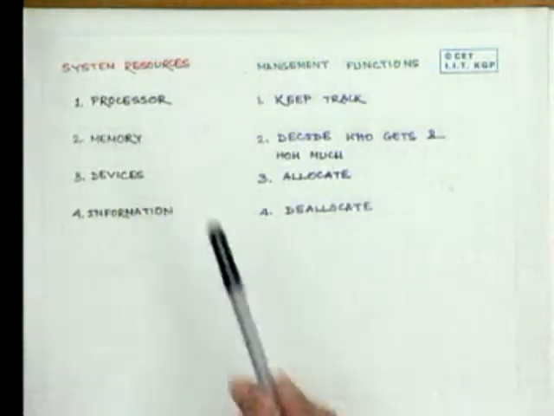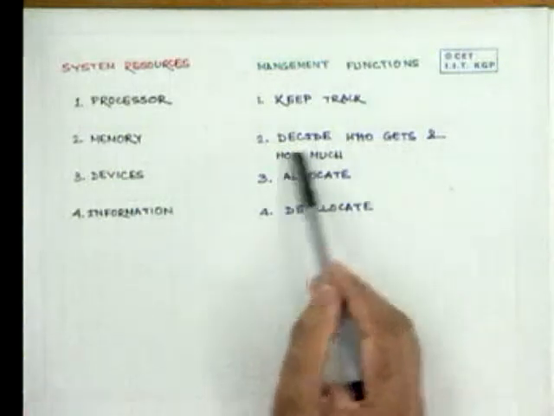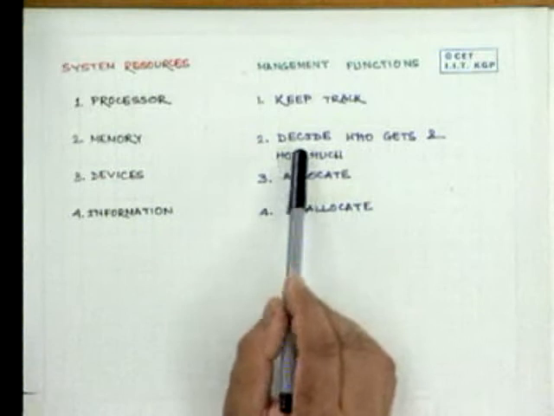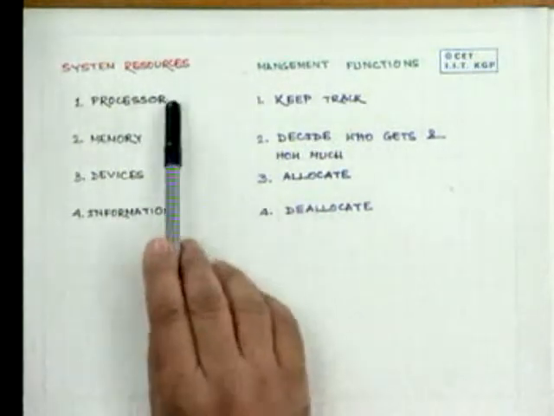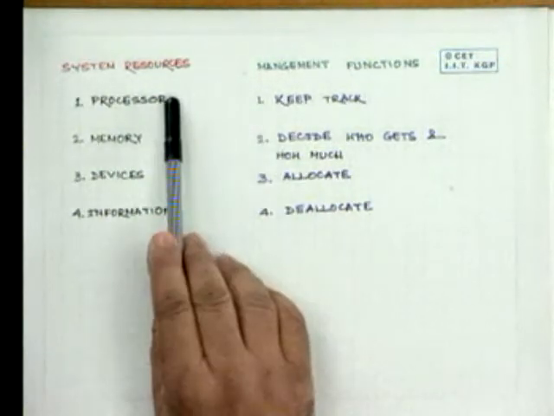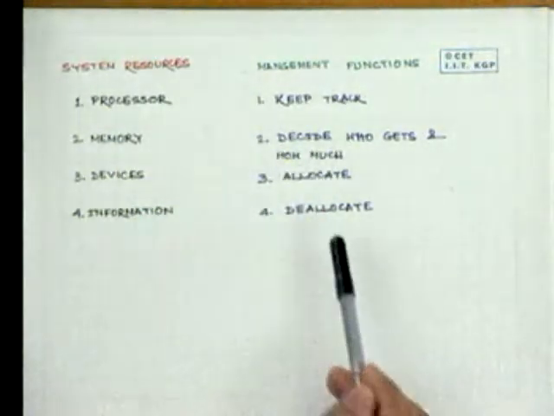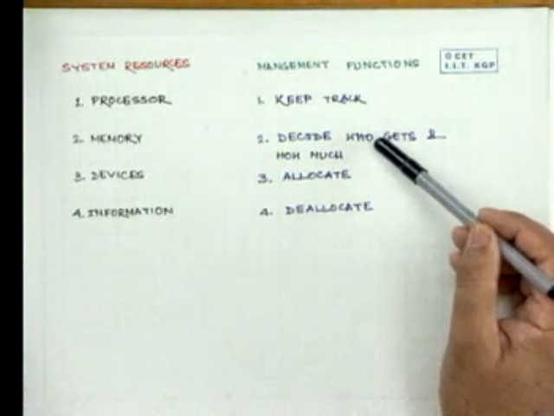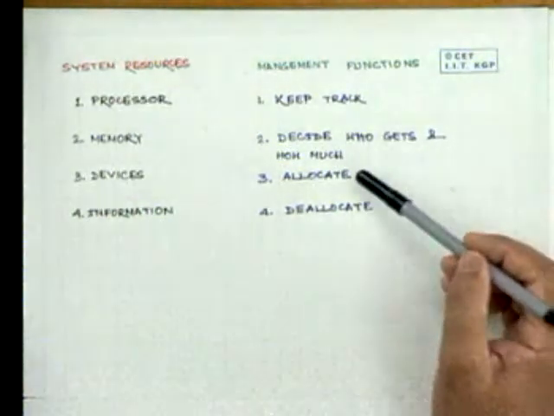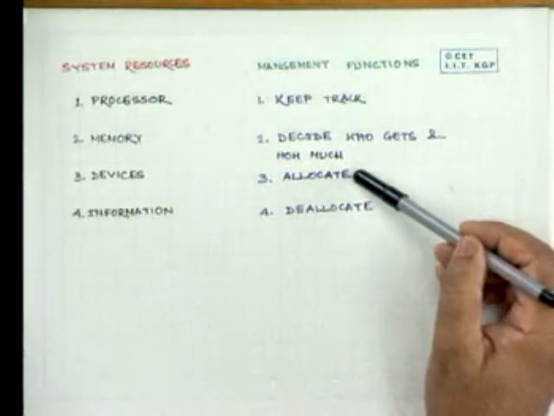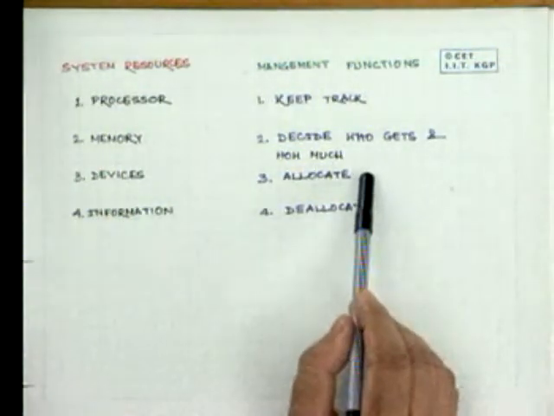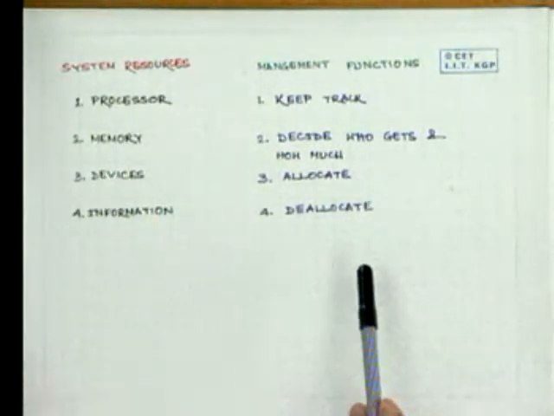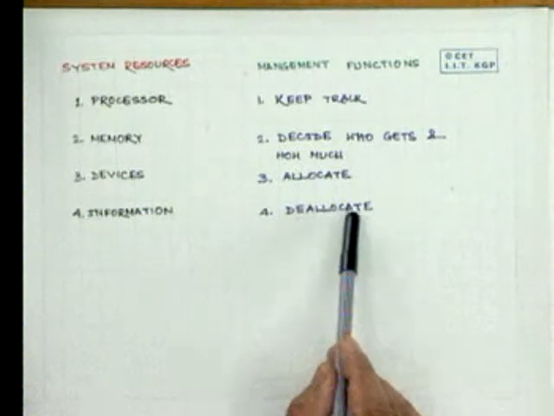For example, in the case of a processor, of the many programs that will be running, it decides which program gets the processor, for how much time it gets the processor, and so on. Now, once it decides which program gets the processor, the OS allocates the processor, and on completion of the job, or if necessary otherwise, it deallocates the processor from the program.